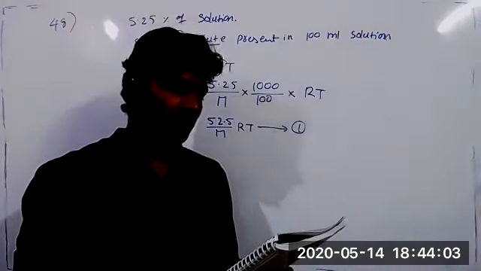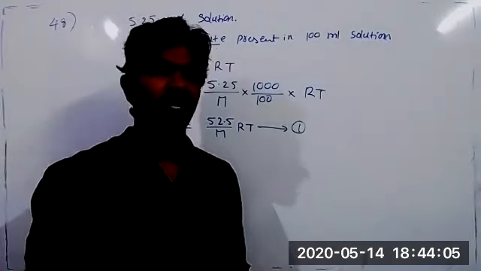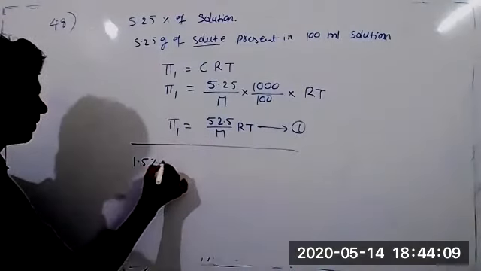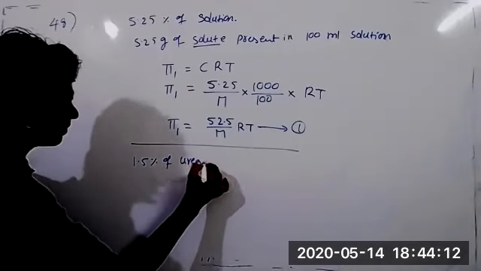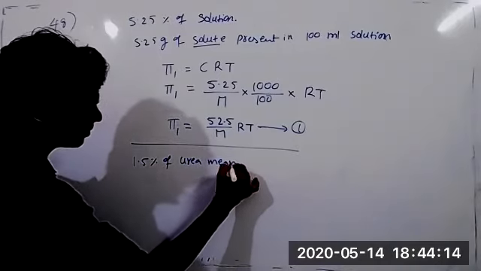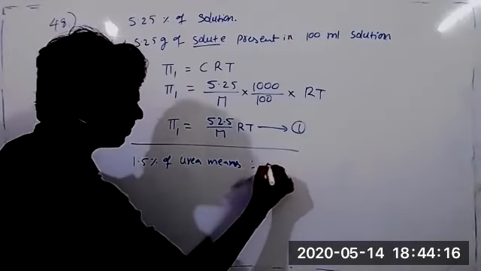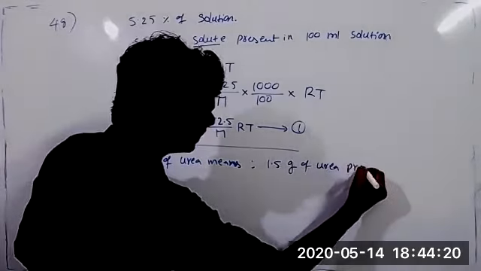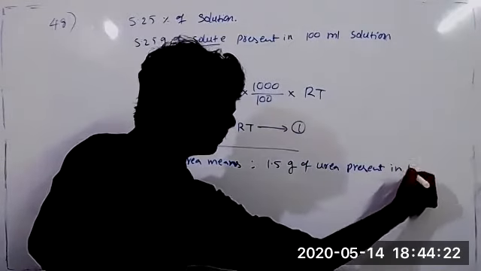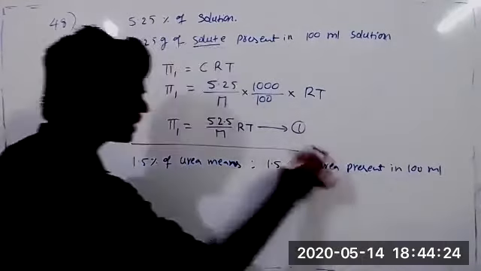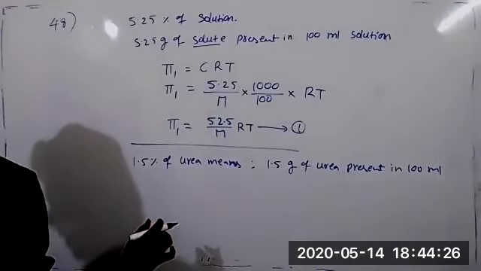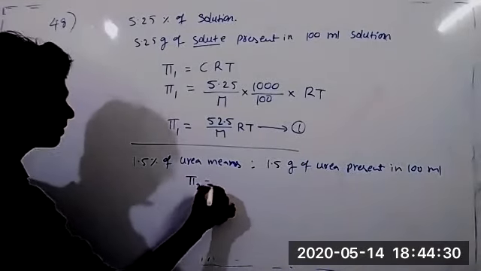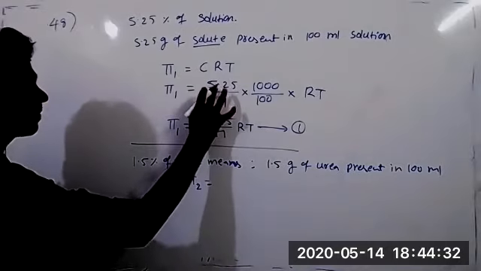The substance is isotonic with a 1.5% solution of urea. 1.5% urea means 1.5 grams of urea present in 100 ml solution. For this also apply osmotic pressure; consider this π2. π2 is equal to C, same formula, mass by molar mass.